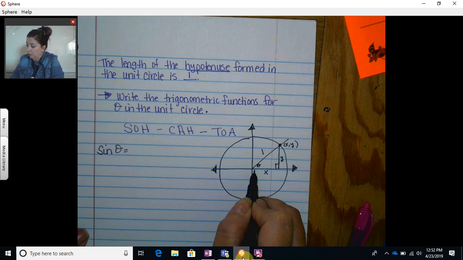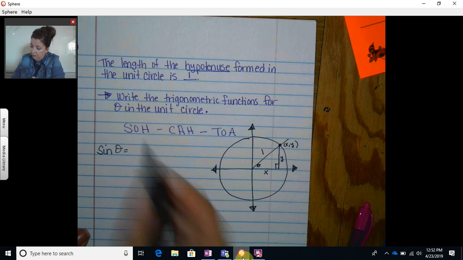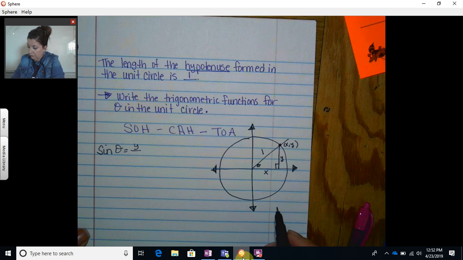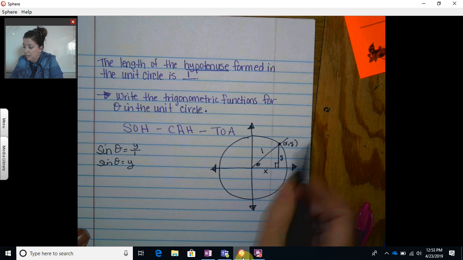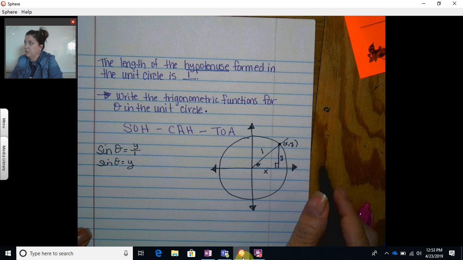Y. Over the hypotenuse, which is what? 1. So y over 1 is just y, right? So if I said what's the sine of theta, for short, it's going to be whatever the y value is. Because if your hypotenuse is 1, now this only works for right triangles when the hypotenuse is 1.